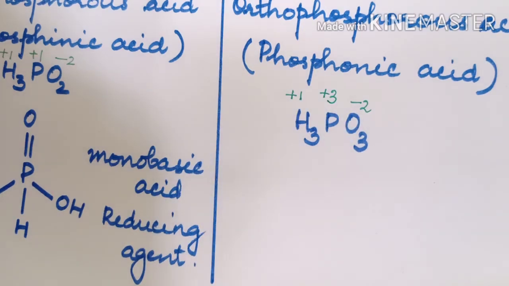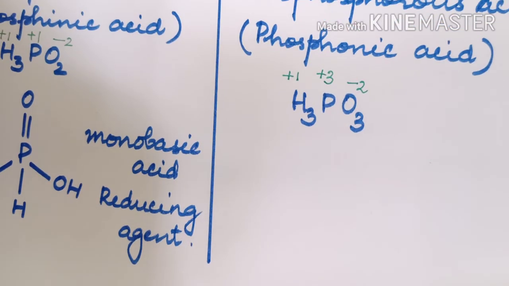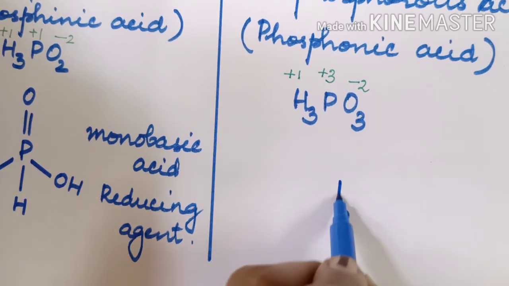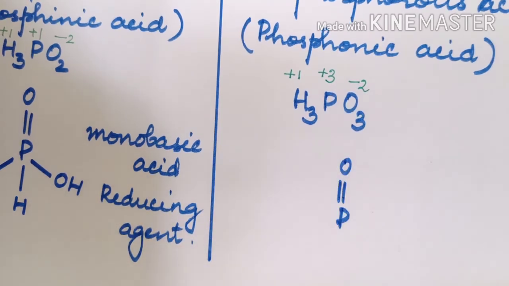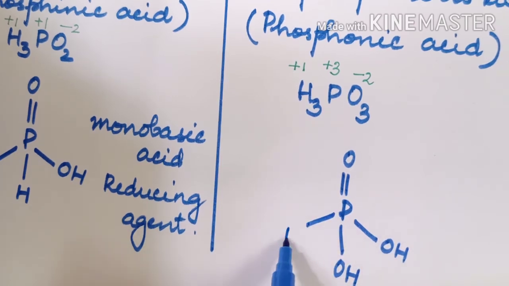Now coming to the structure of orthophosphorus acid. Here P will form the center. We have P double bond O at the apex, and the rest of the atoms are arranged at the corners of the tetrahedron. So bond OH, one more bond OH, and the rest it is hydrogen.